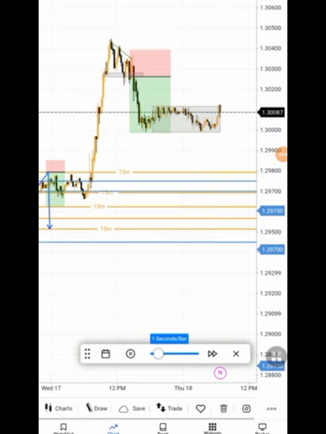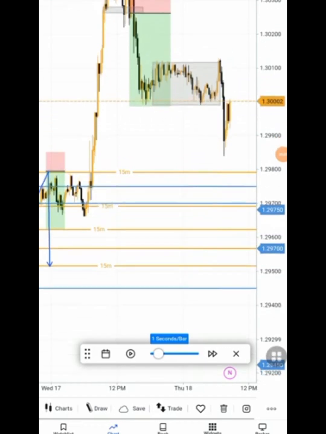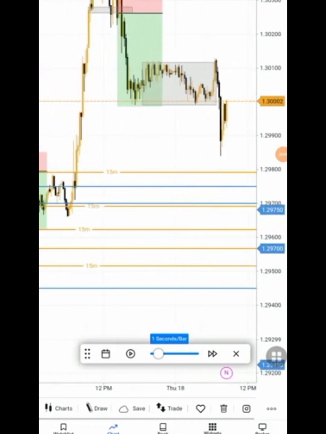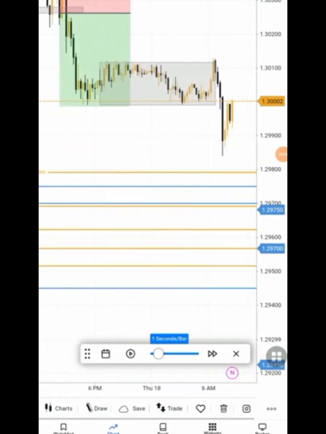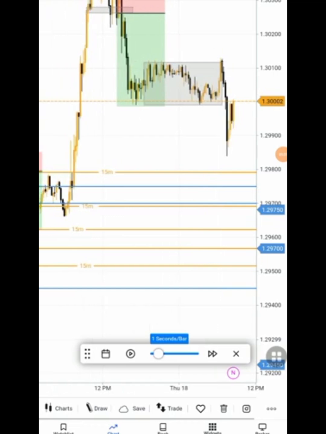So let's just see. Okay, now see what happened. Why is this thing misbehaving now? As you can see, this one didn't even close with a wick, but this one now has closed. I told you that this is mostly a news event, but see what happened right now.